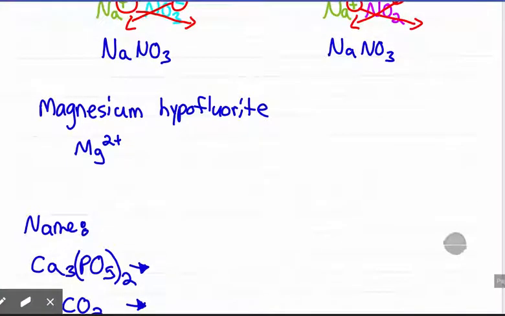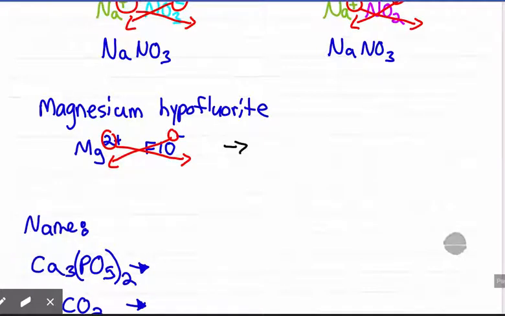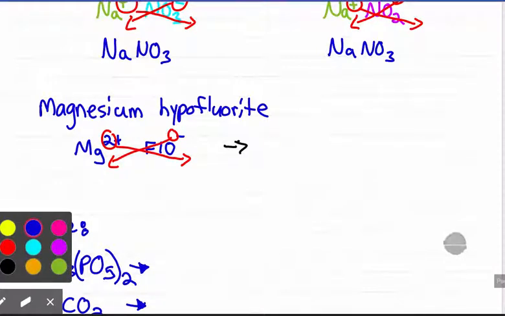So hypofluorite is going to be FlO, and it has a charge of 1 negative. So we cross this 2 down here. The invisible 1 comes down here. And we end up with Mg, FlO 2, but remember that 2 belongs to the whole thing, so the hypofluorite gets put in brackets.